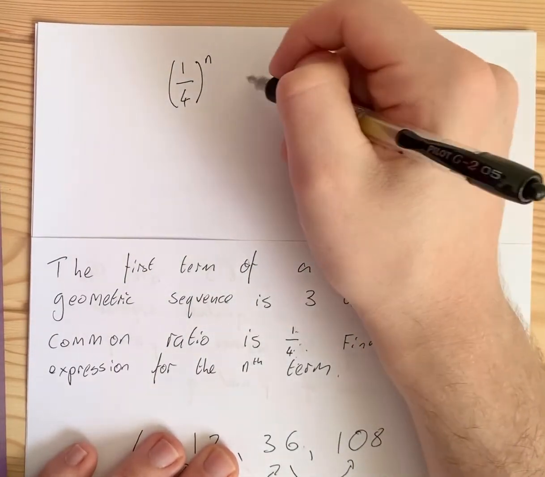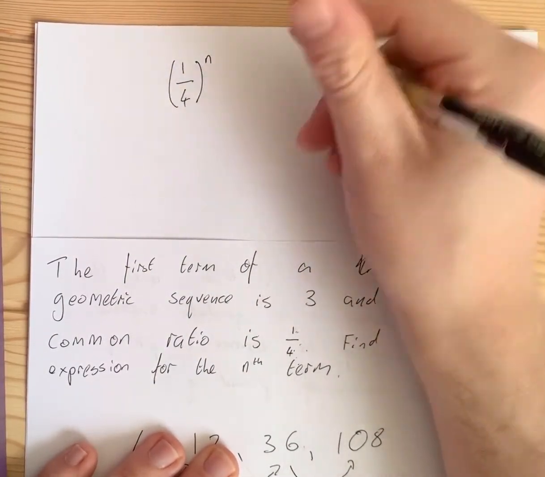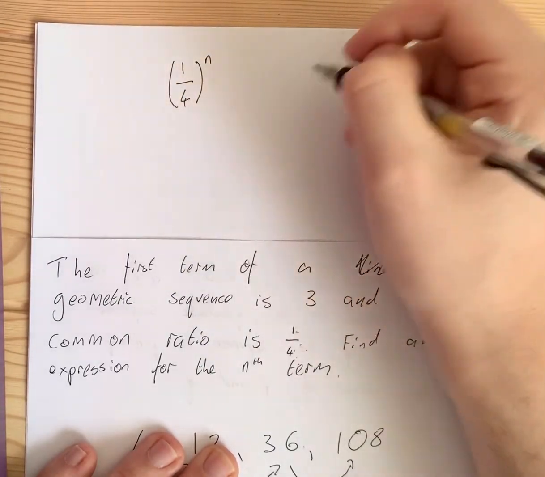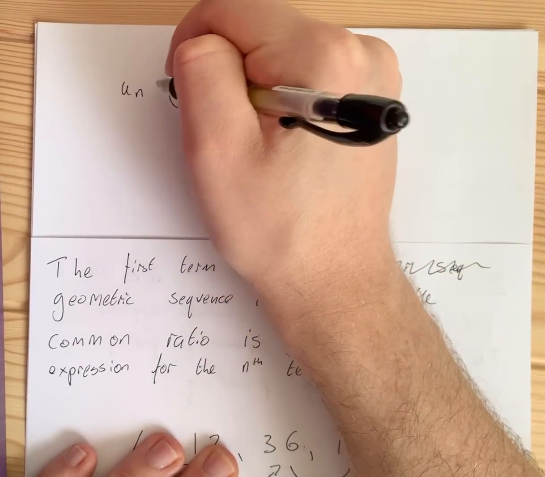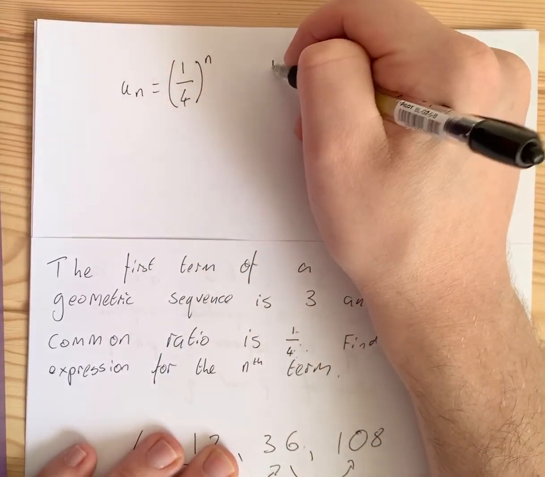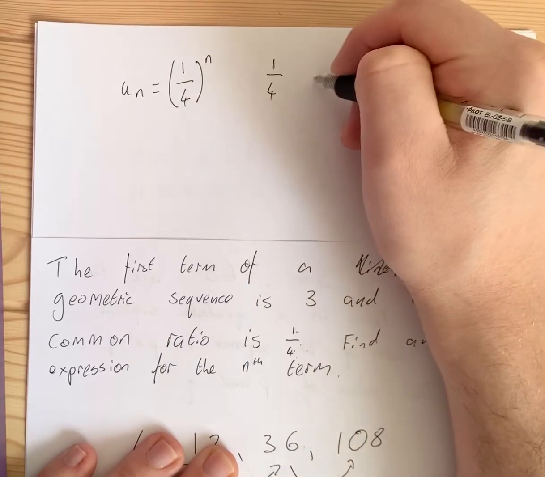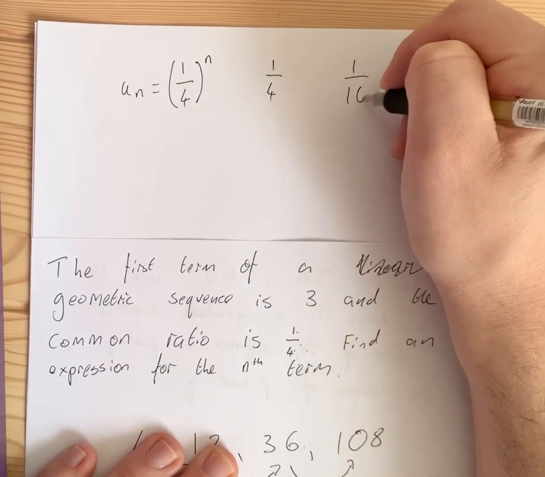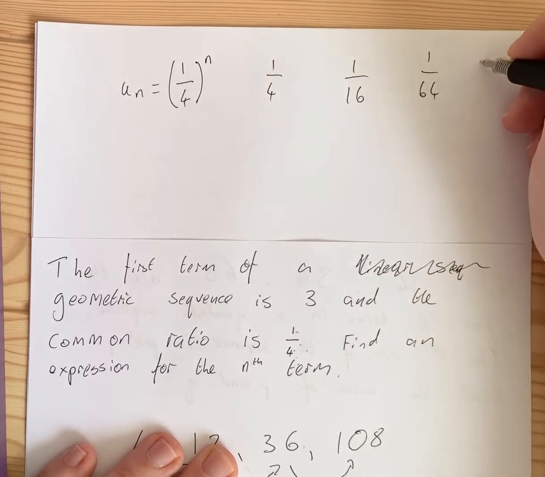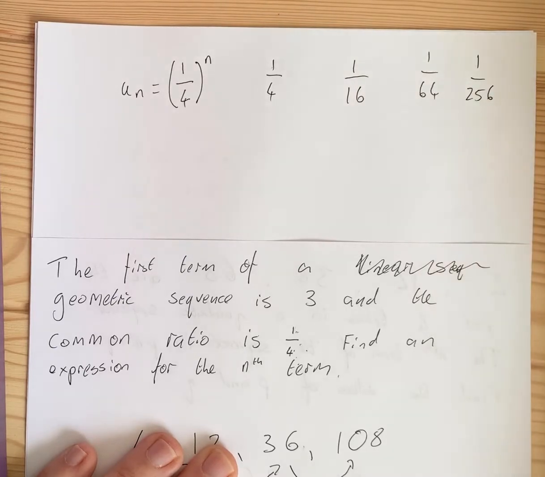Now, if I do 1 over 4 to the power n, if I kind of wrote out that sequence with n equals 1, 2, 3, 4, so if I try that out and then see what correction I need to make, that would give me 1 over 4, and then 1 over 16, and then 1 over 64, and 1 over 256, okay?